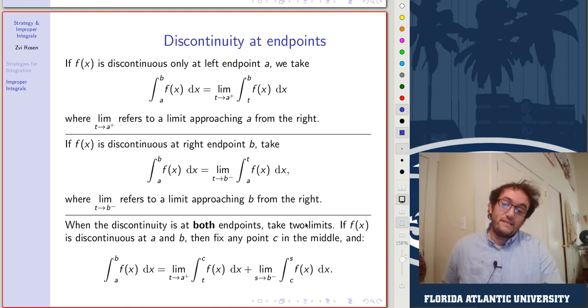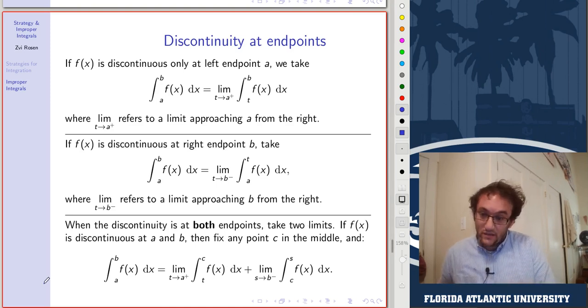When the discontinuity is at both endpoints, you take two limits. If f of x is discontinuous at a and b, then fix any point c in the middle, and the integral from a to b will be the limit as t goes to a from the right of the integral from t to c of f of x dx, plus the limit as s goes to b from the left of the integral from c to s of f of x dx.